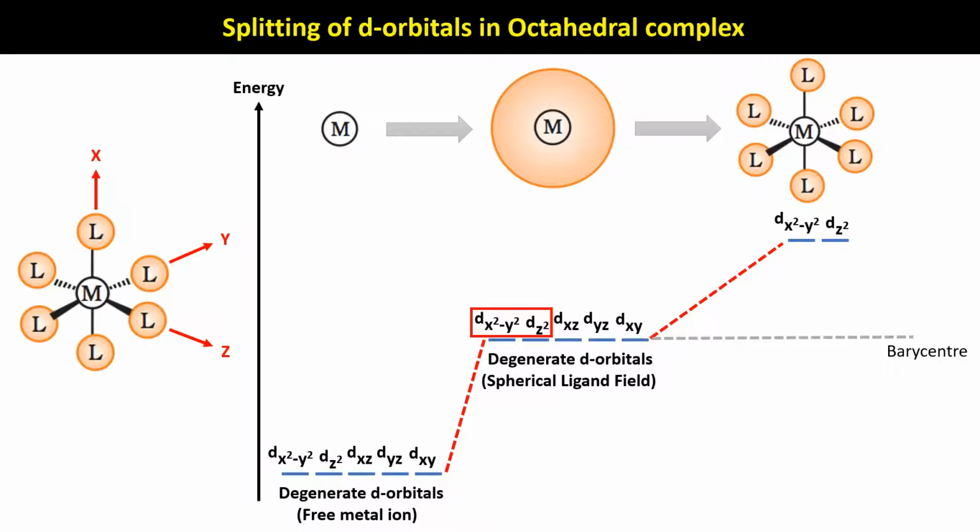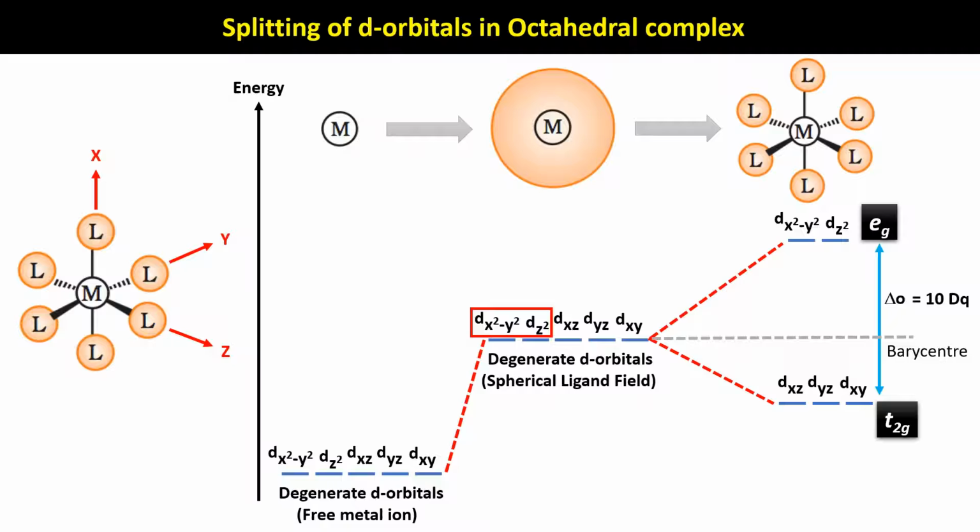So, due to lesser repulsive interaction and to conserve energy, their energy will be less than the energy of d orbitals in spherical field. The set of dx square minus y square and dz square orbitals is called Eg, while the set of dxy, dyz, and dxz orbitals is called T2g.